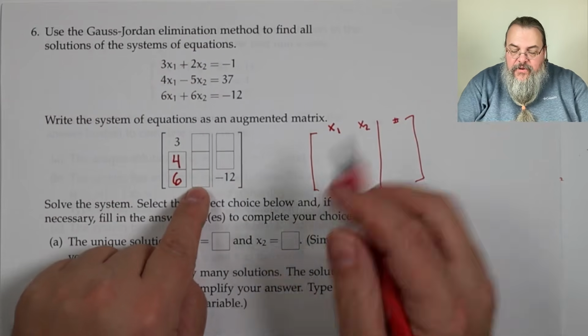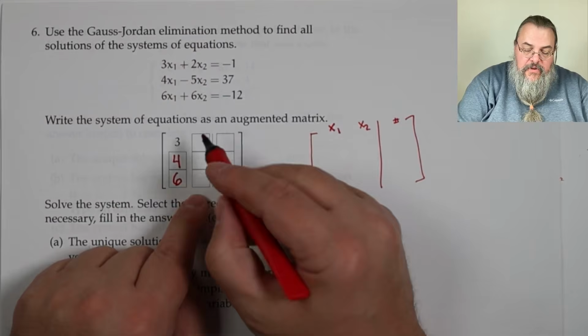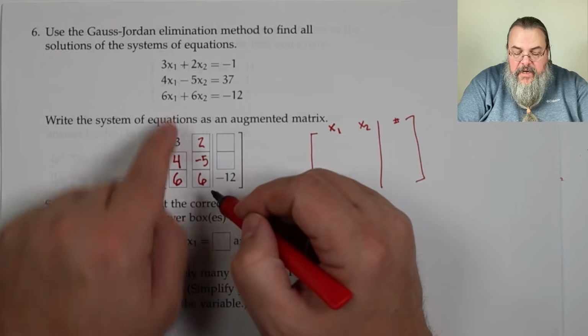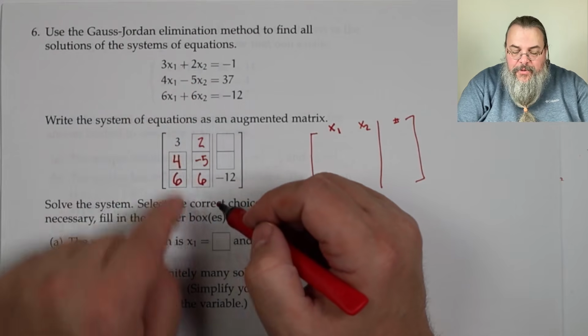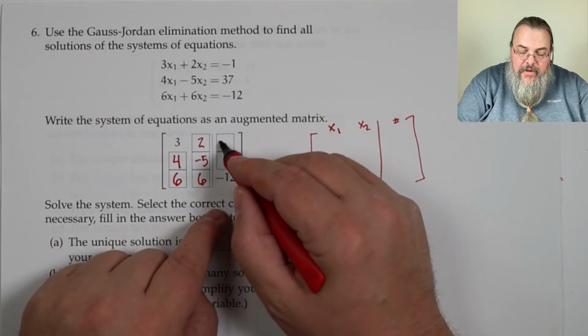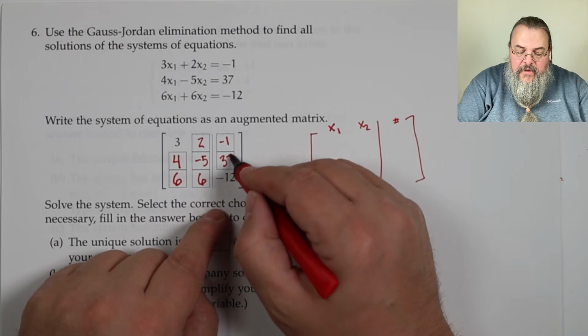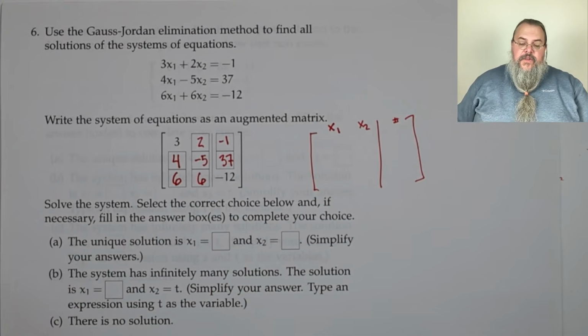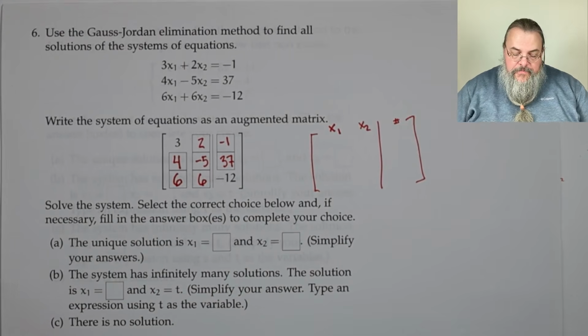This is the x2 coefficients, the x2 column. So again, put down the x2 terms. Don't forget about minuses. Those are important, so plus or minus. And then here you've got your constants: -1, 37, and -12. All right, lots of things to do here.